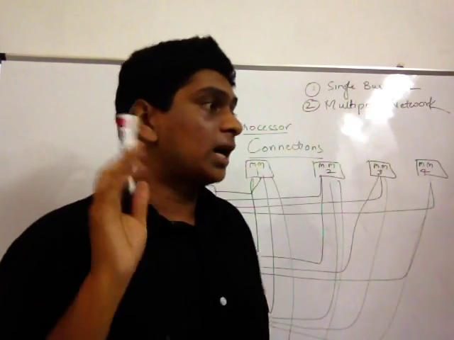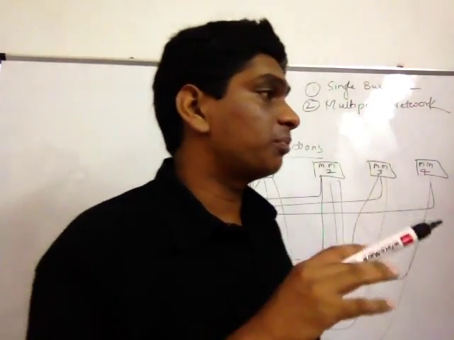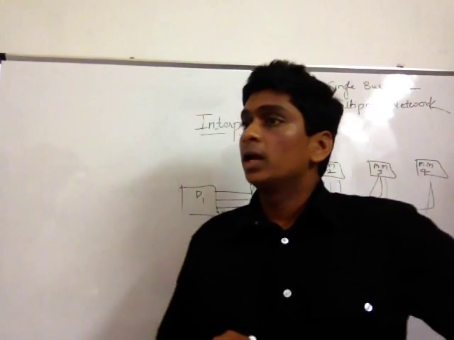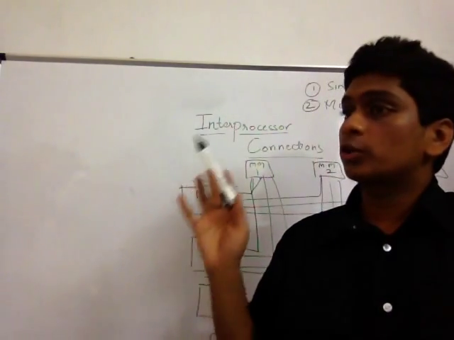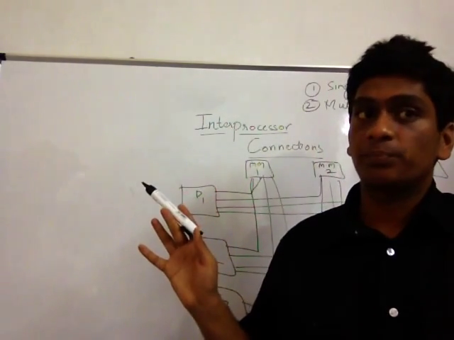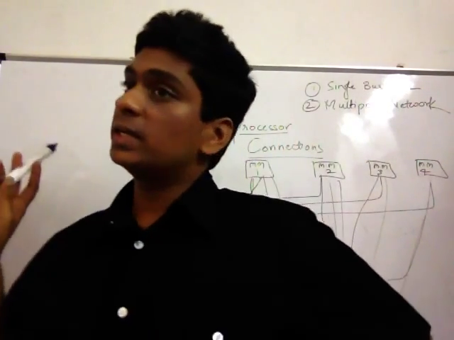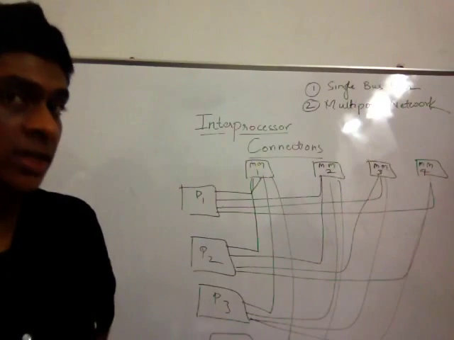Especially when you have a large number of processors and many memory modules to interconnect with the processors, just think about the cost you are going to incur. So this type of interconnection, though efficient, is not employed in most cases.